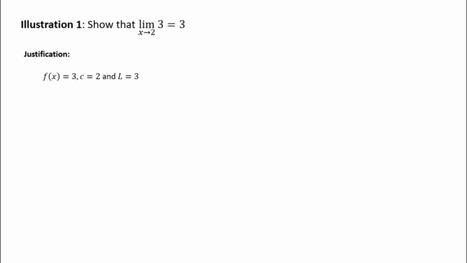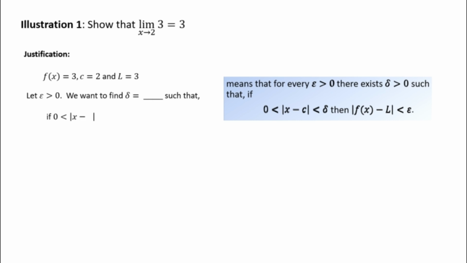For a positive real number epsilon, we want to find delta such that if the absolute value of x minus 2 is positive but less than delta, then the absolute value of f of x minus L, which is 3 minus 3, is less than epsilon. So we want to find that delta that will satisfy this conditional statement for that chosen epsilon.